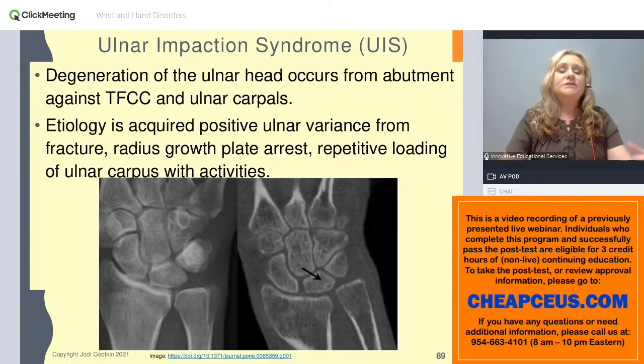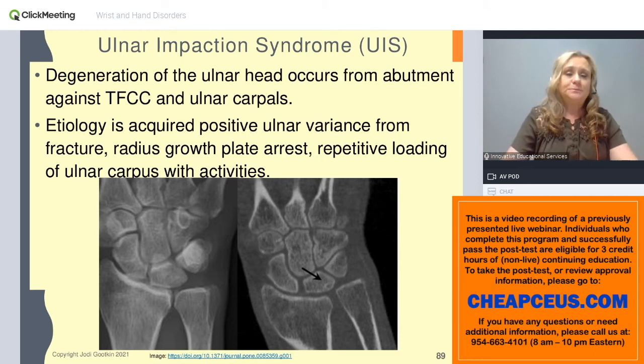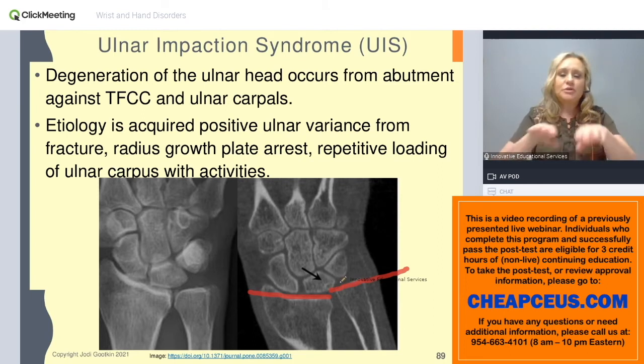One of which is ulnar impaction syndrome. You might have heard this referred to as ulnar abutment syndrome or ulnar carpal abutment syndrome. What we're seeing, if we look at the scan, I think we can see it better on the right: if we look at the distal end of the radius and the distal end of the ulna, we can see that the ulna projects more.